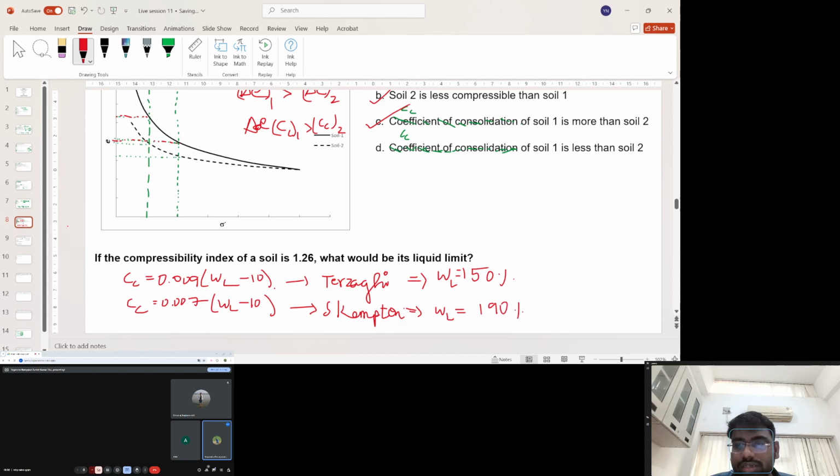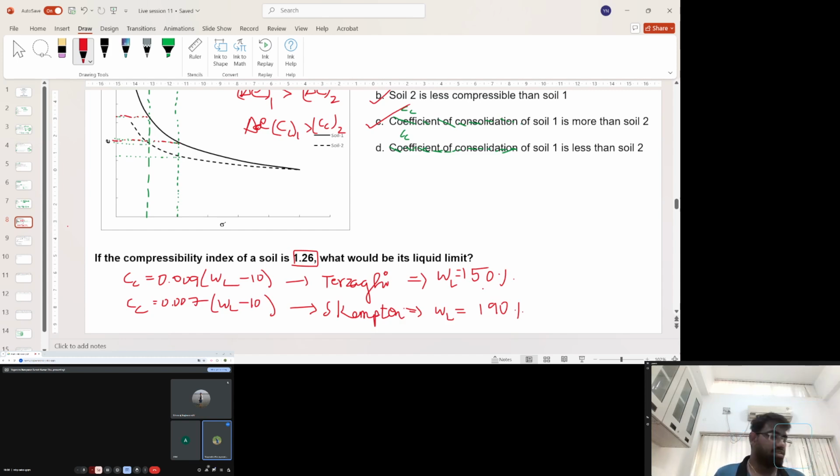So obviously you can see the compressibility index is fairly high, and that is reflected in the liquid limit. Usually this will be less than 1, in the 0.1 or 0.01 ranges. Since it is an extremely high value, we are getting an extremely high liquid limit. So obviously it should be around bentonite or similar highly compressible soils.